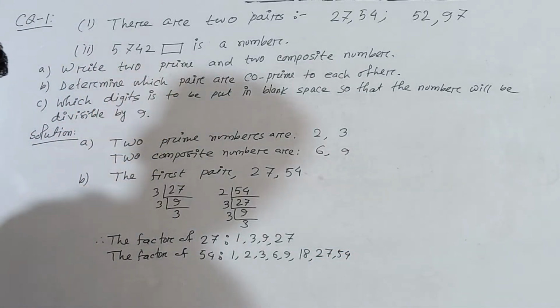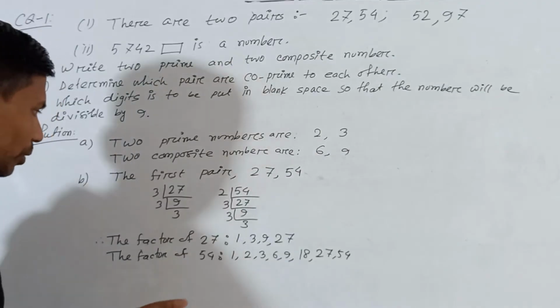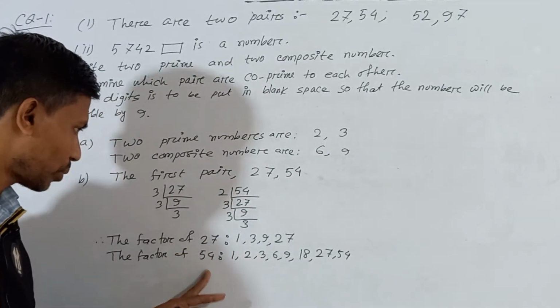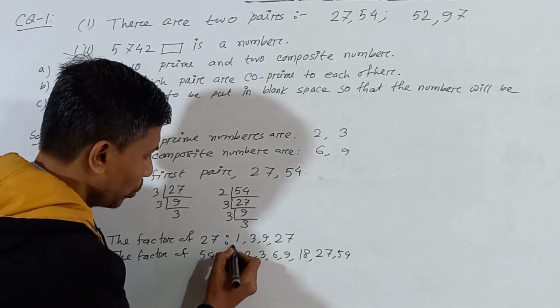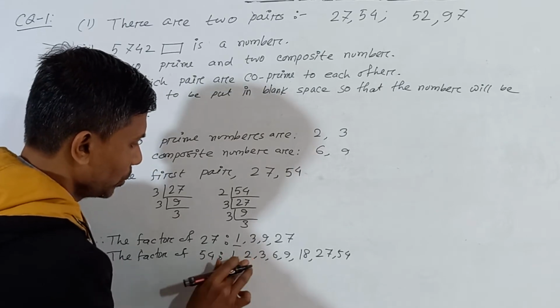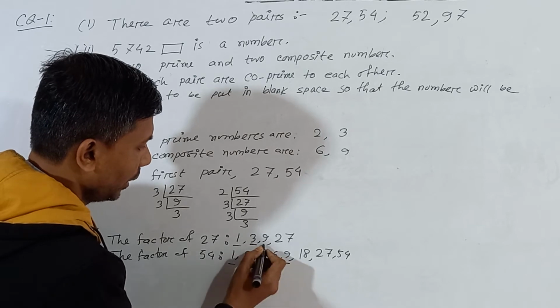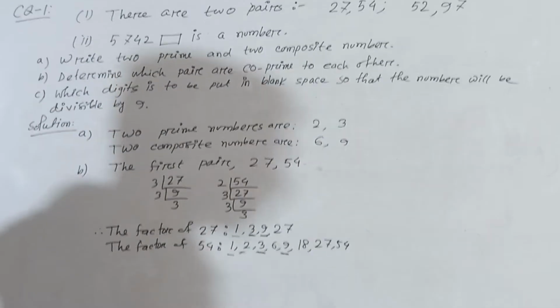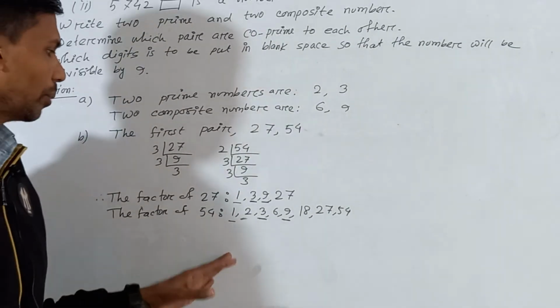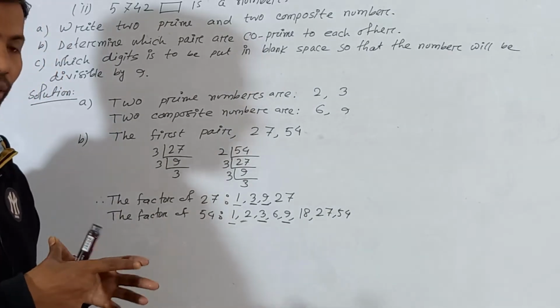Student, look here. The common factors between 27 and 54 are here: 1, there is no 2, you see 3, and there is also 3, there is 9, and there is also 9. That means here more than two common factors.